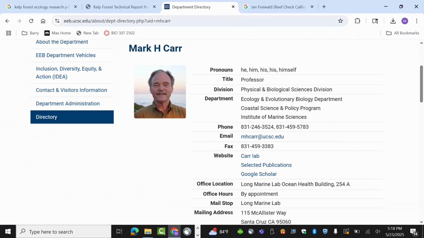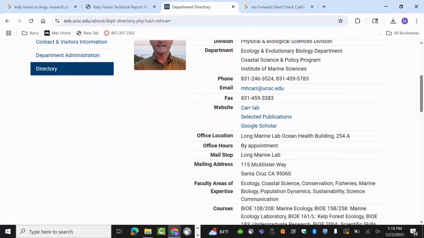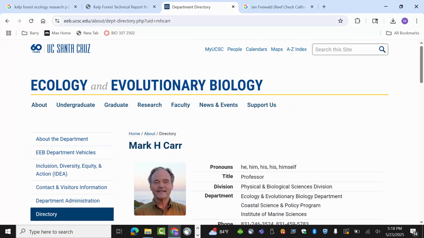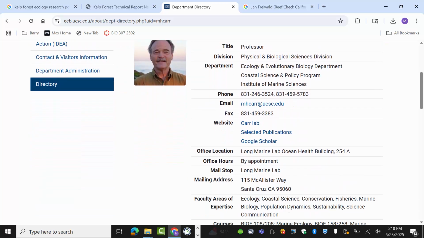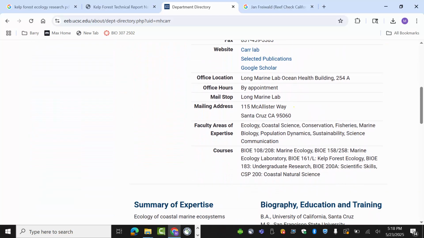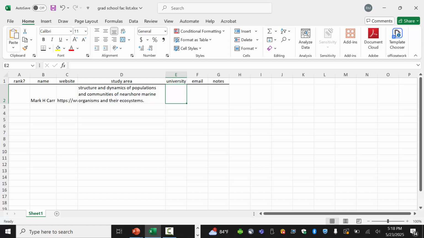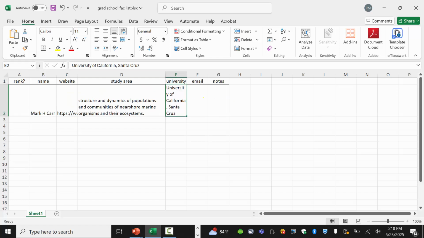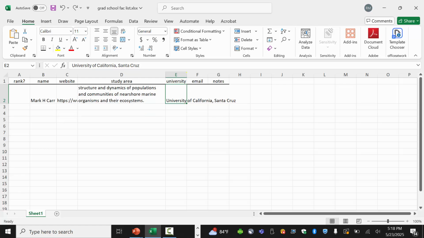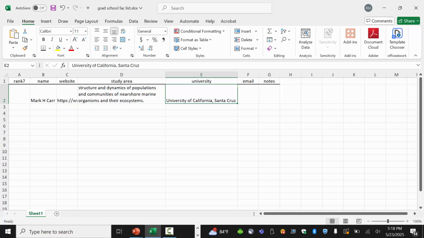But we're here, so let's get his university. It's UC Santa Cruz. So University of California. Can I copy it pretty easily? Oh, look right here. I'm just going to copy that. That way, you don't have to bother typing it in. Anytime I can save some time by not having to type stuff in. Now that looks like garbage. I'm going to do that. So he's at UC Santa Cruz.